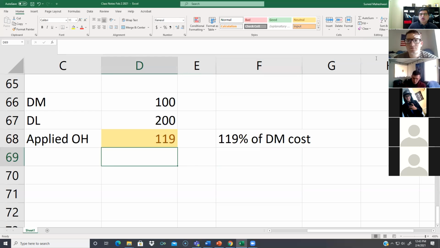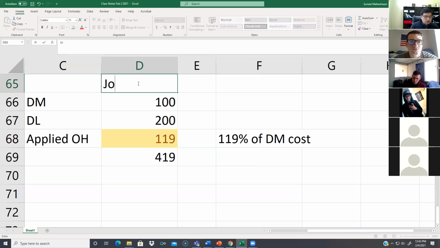Now, if you add it all together, we get 419, right? So this might be the cost of a job, say, job X.